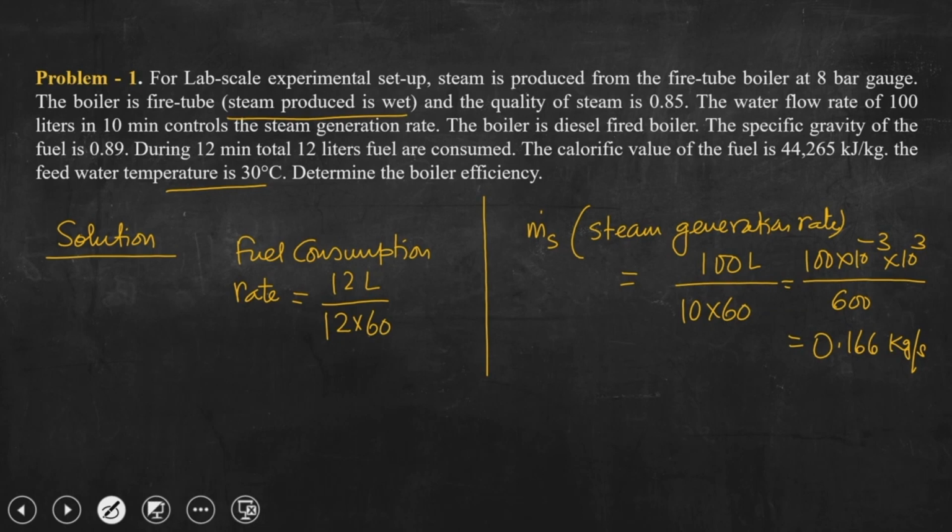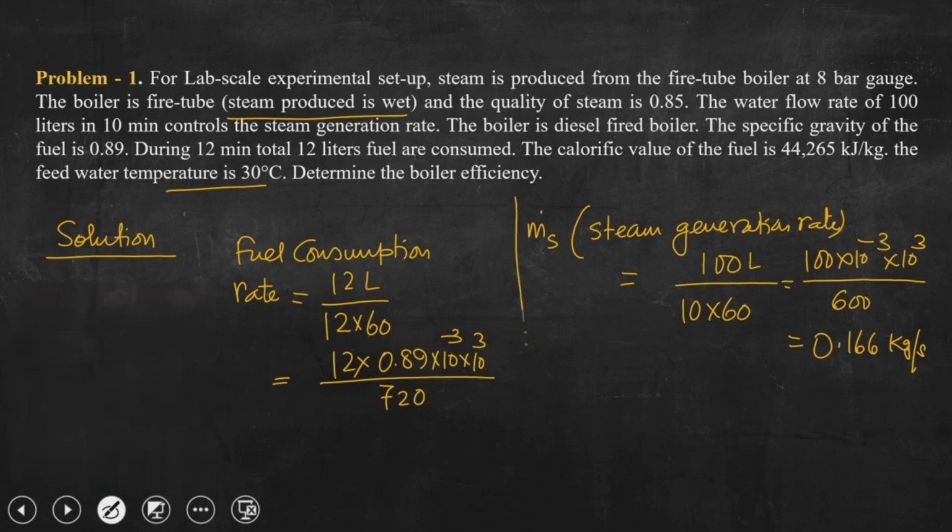Now, if we convert into kg per second, then 12 into specific gravity, which is given as 0.89, into 10 power minus 3 into 10 cube kg divided by 720. The unit should be kg per second, and it is coming as 0.0148 kg per second.